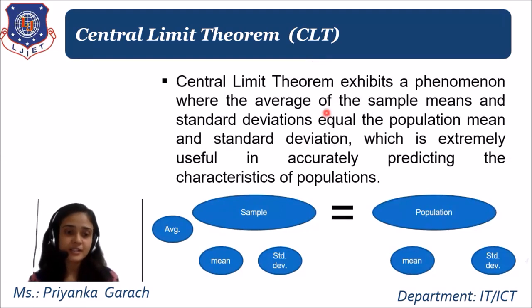But it is not always the same. So the central limit theorem is telling us that whatever sample you have, you calculate the mean and the standard deviation of the sample, and they will be approximately equal to the mean and the standard deviation of the complete population.